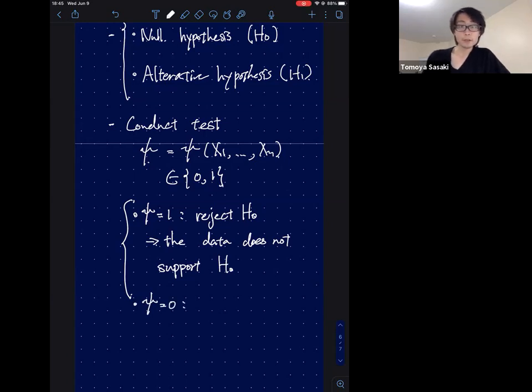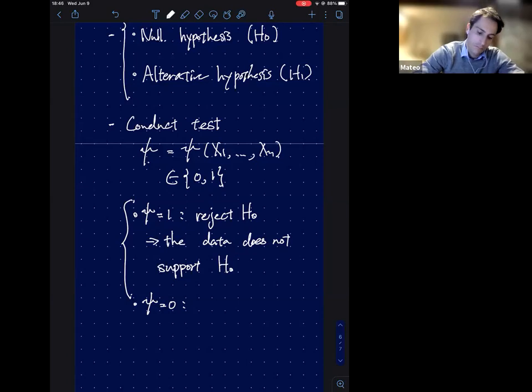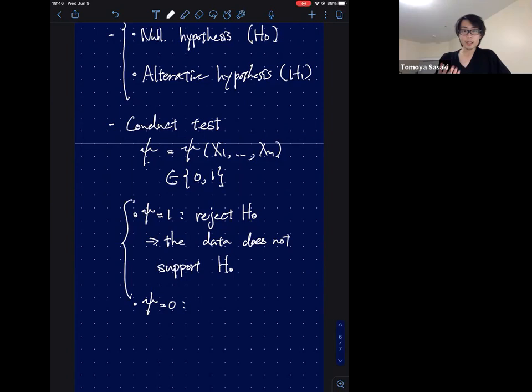Sorry, does anyone have questions? Okay. So we're not saying the data support the alternative hypothesis H1. We're just saying the data does not support the null hypothesis. This is a very subtle difference, but we really want to make sure that this is not saying that the data support the alternative hypothesis H1.